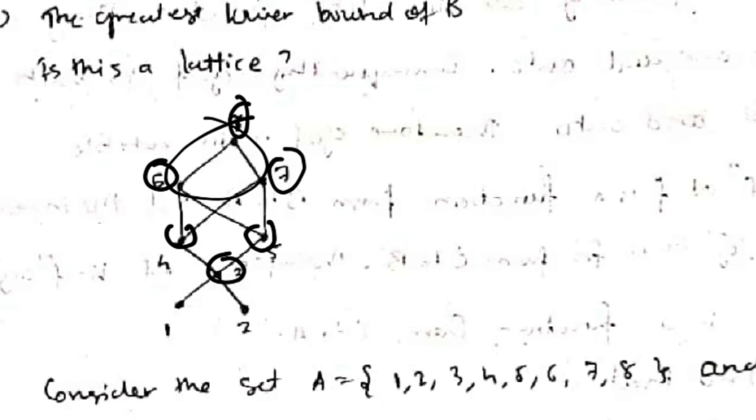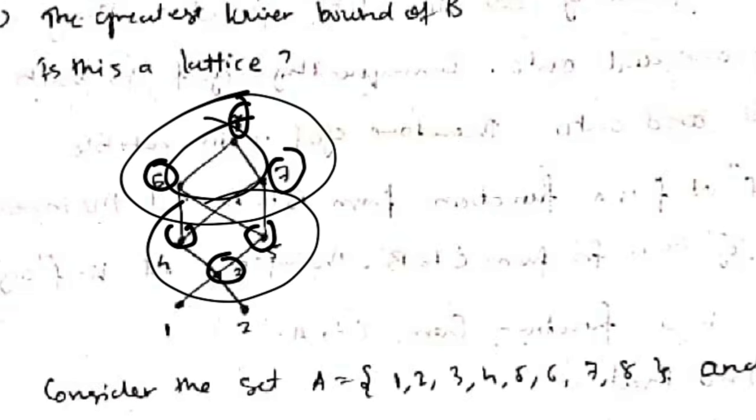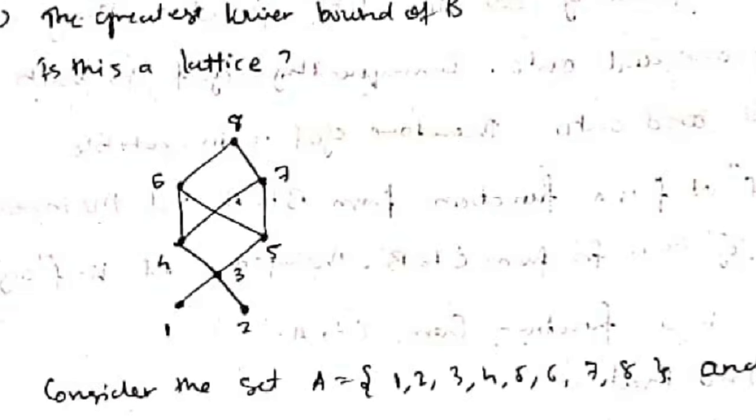Since these are related to 3, 4 and 5, the upper bound of {3, 4, 5} is {6, 7, 8}. The lower bound means the elements lower than these which are related to the set B. Those elements are 1, 2 and 3. 3 is also included since 3 has a connection with 4 and 5, so 3 will be considered.